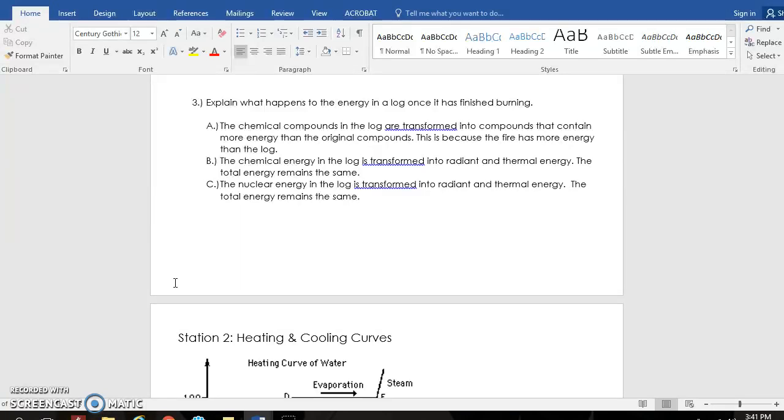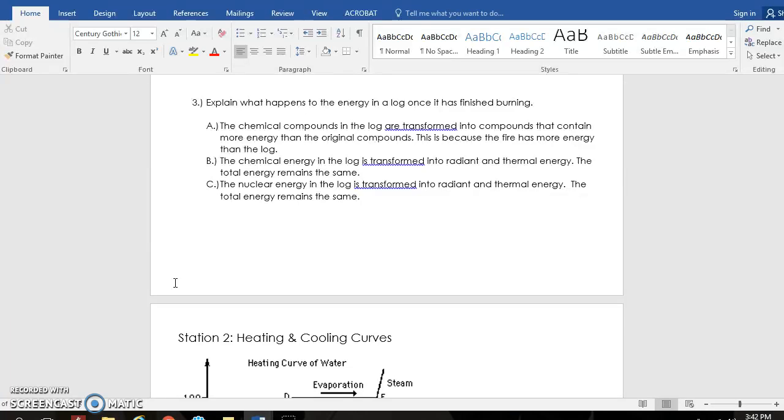Yes. Okay. So now we need to look to make sure that our types of energy that it's transformed into are correct. So chemical energy in the log. We are going to get the chemical energy out. Anytime you burn something, like gasoline, wood, if you light it on fire, you are trying to get the chemical energy out of that thing. So chemical energy in the log is transformed into radiant light.